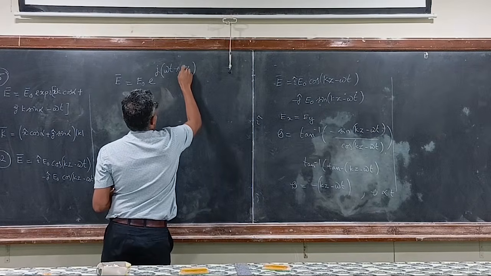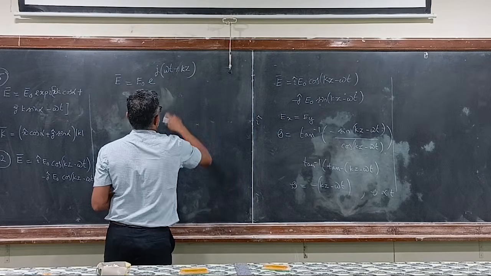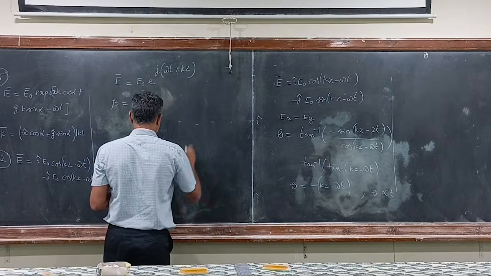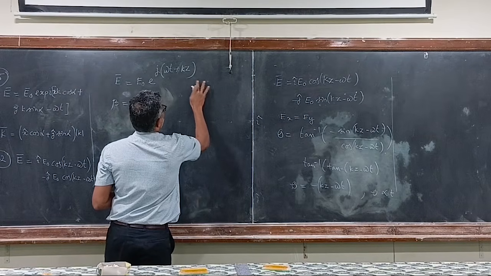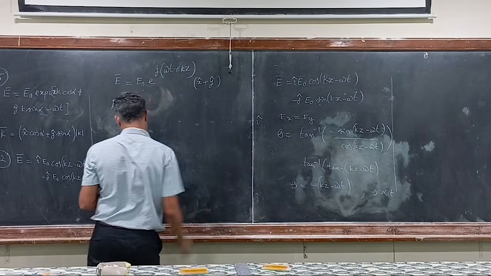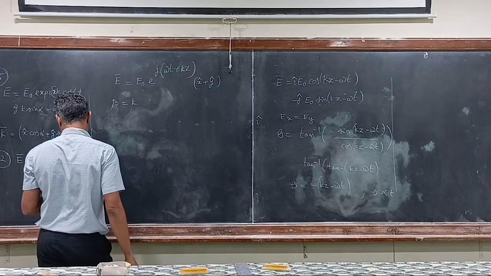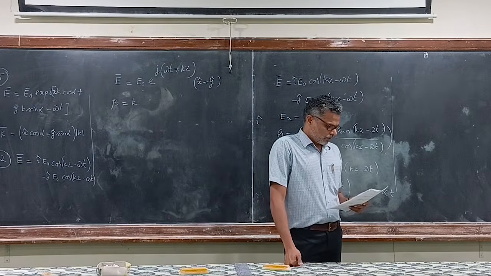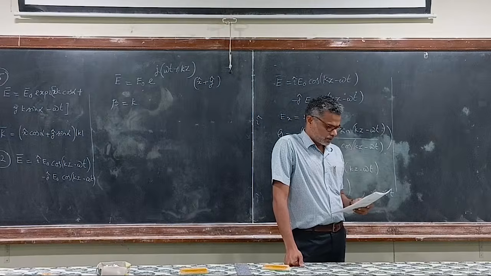So basically it's a k, I can put this k itself. Either beta equal to 3, about, let's say, x cap plus y cap. Is this linear, elliptical, left-handed circular, or right-handed circular?